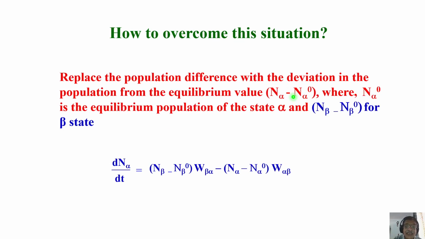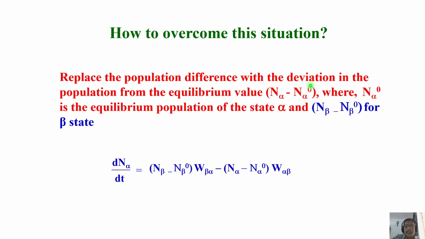Now, let us do one trick. Instead of taking the population difference, we will treat it as a deviation of the population from the equilibrium value. That's something we define. The equilibrium value is n alpha 0 we consider.